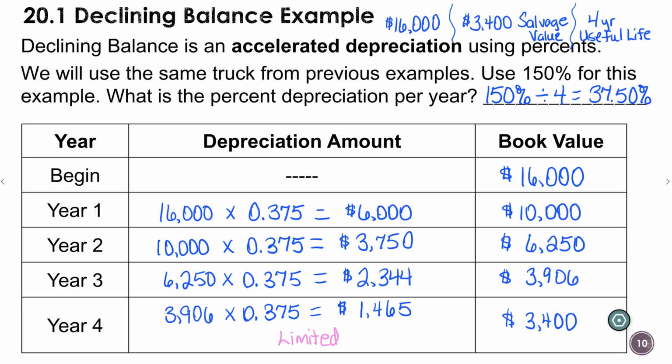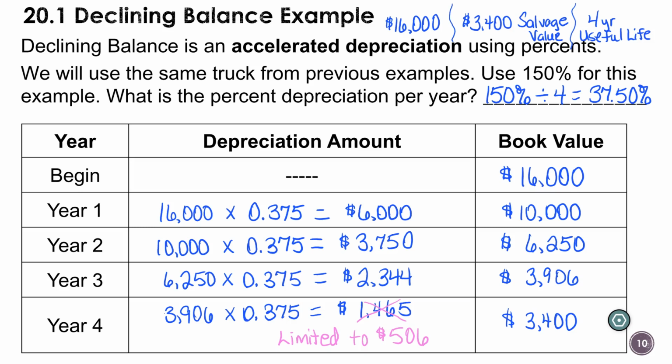So we have to limit our last line of depreciation to $506 because we just can't go below. And remember, we find that by subtracting these two numbers, right? 3,906 minus 3,400 is the 506 when we subtract. So you just have to be careful there and don't go below your salvage value basically on this method or on any of the other methods except MACRS, because that's a whole different thing.